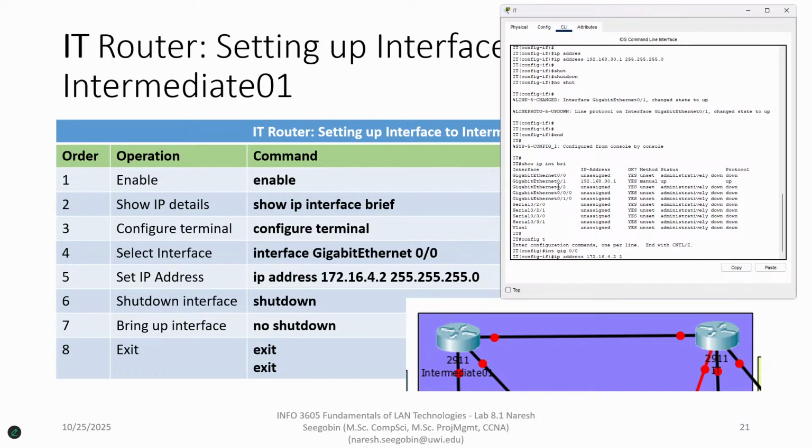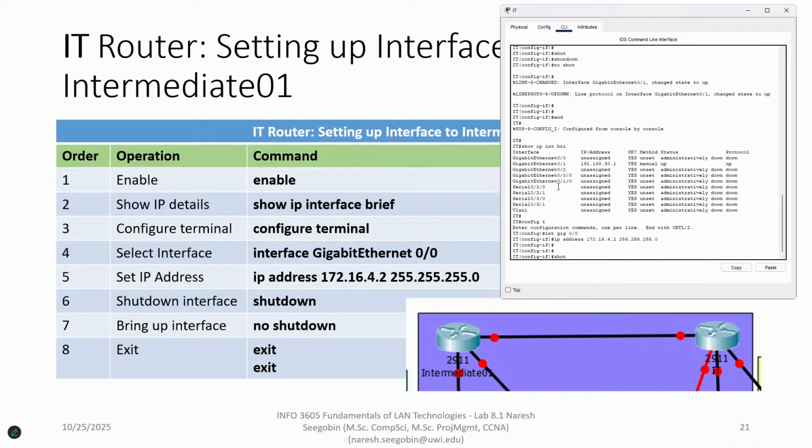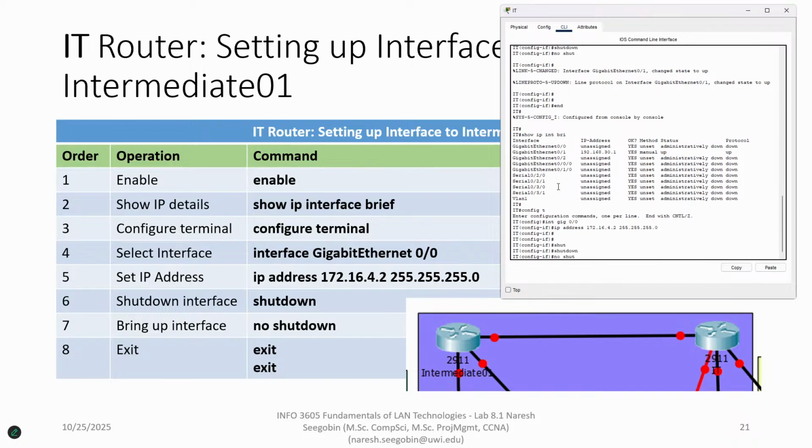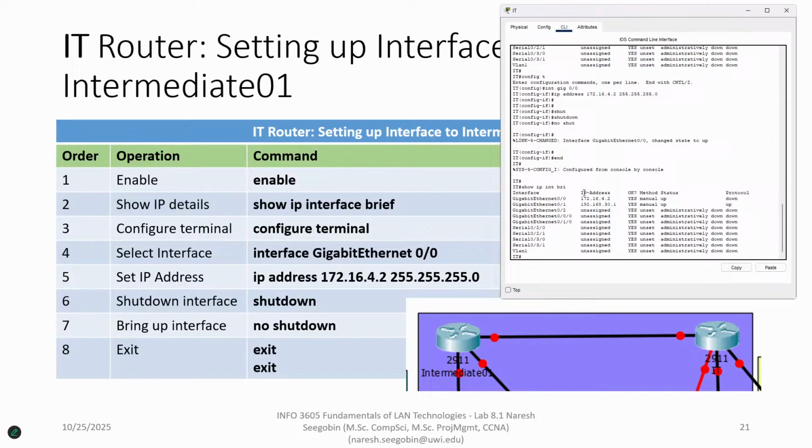Right, do a shut, just to do a reset. And that's why you do the shut, no shut, just to say, hey, you did it. And you want to make sure it's done right. IP interface brief, there it is, it's set. Port 2, but look at it, this guy is in a down state.